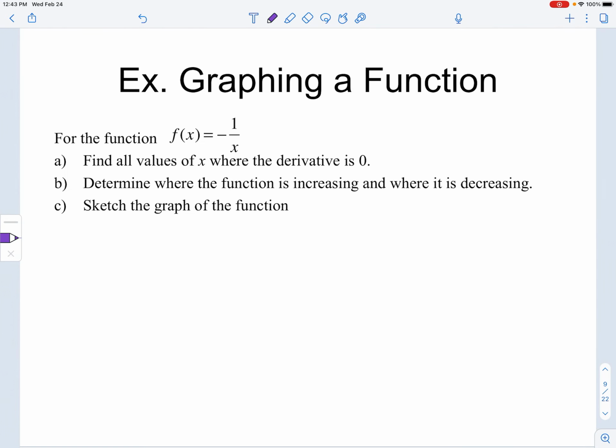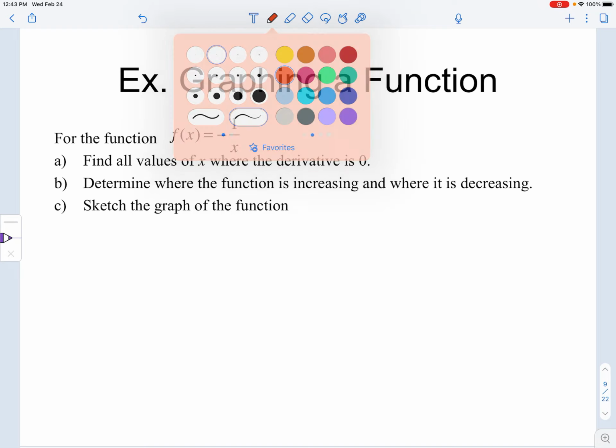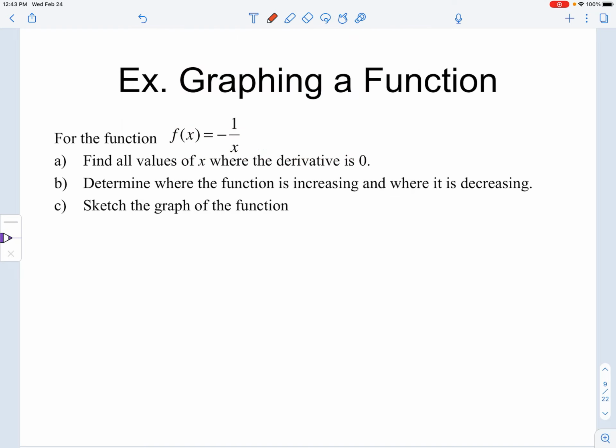And we're going to do one last example for this video, and then I'm going to leave the rest for part 2. Okay, so first of all, the domain of f of x equals -1/x is all real numbers except x equals 0, which we could also represent as -∞ to 0 union 0 to infinity.